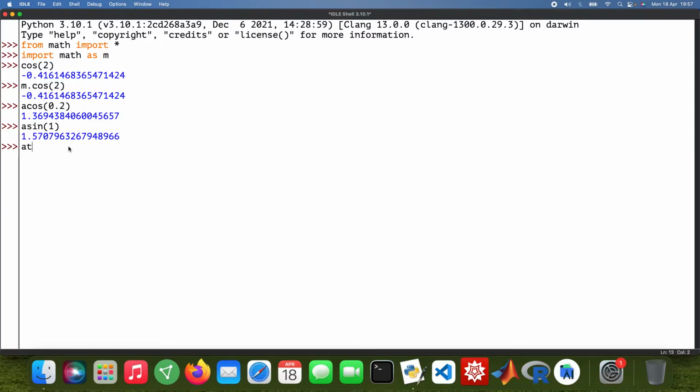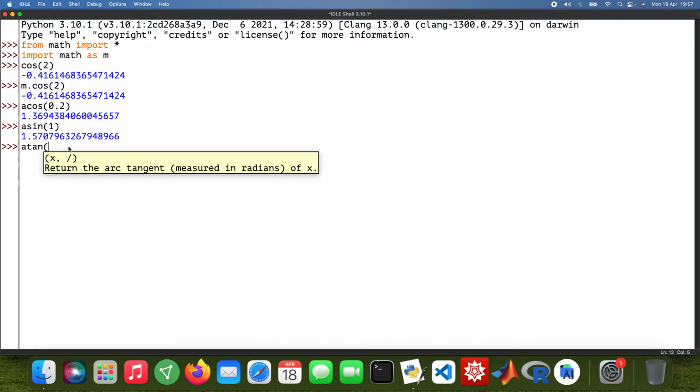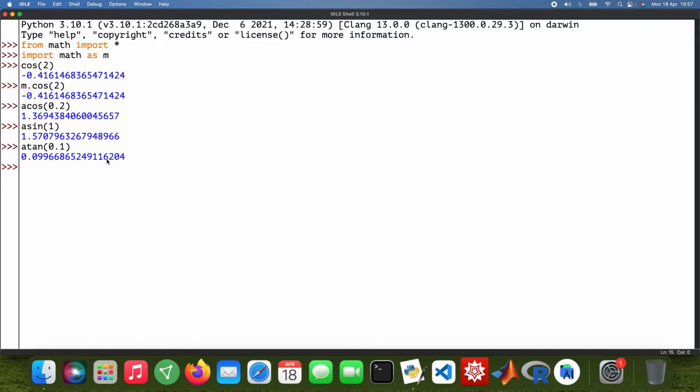And then arctan 2, my values would be 3 and 2, so that's y over x, where my y is 3 and my x is 2.